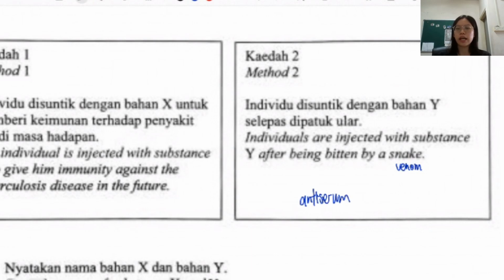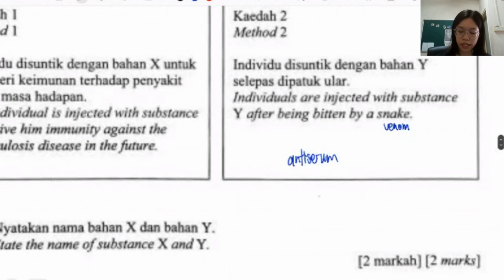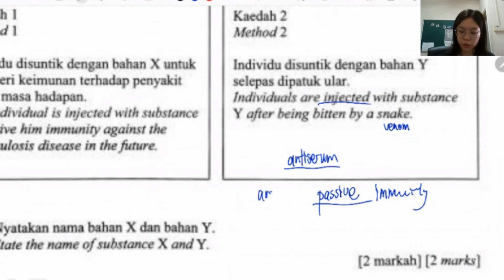When you obtain external antibodies, you have more antibodies to fight it off. So it is a passive immunity since you obtain antibodies from an external source, and it's injected with a substance called antiserum. It is an artificial way.